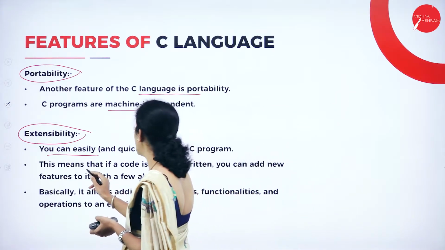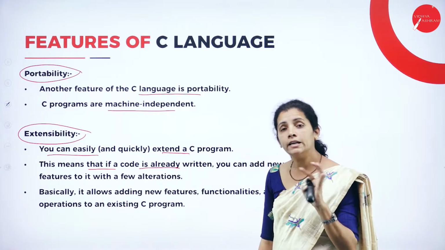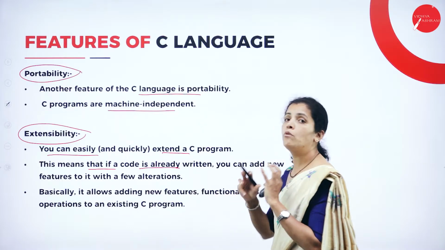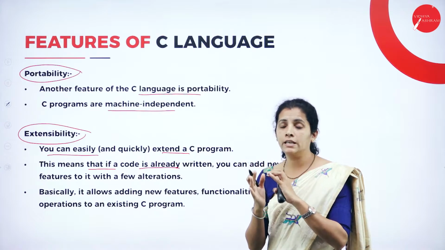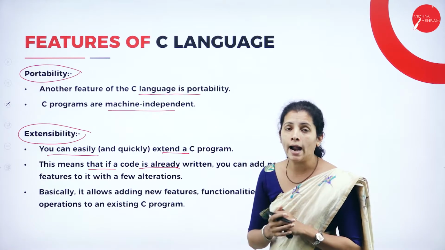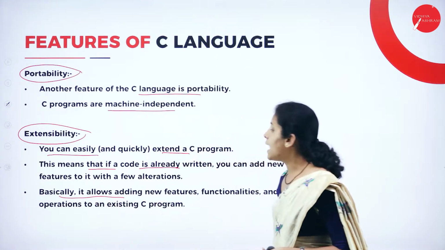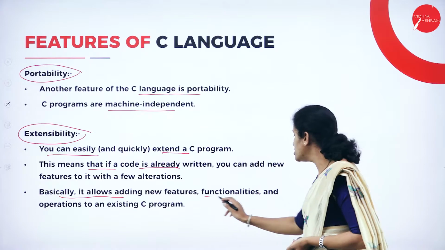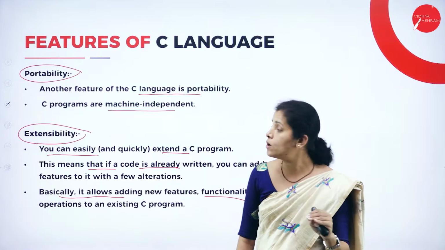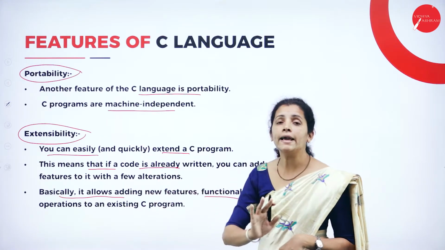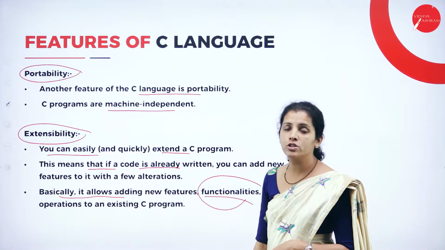Think that I have written a program, and then I want to add a few more features to it. Without affecting other code, I can add the extra features. Basically it allows adding new features, functionalities as well as operations. That means in a C program, I can add extra features like functionalities as well as operations to the existing program.